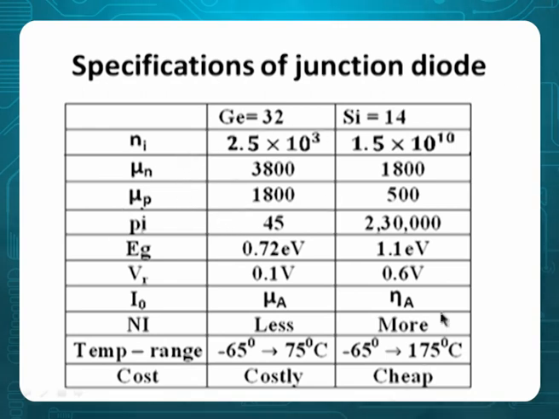This I have given just for reference: Ni, intrinsic carrier concentration, mobility of electron, mobility of hole, rho V charge density, resistivity, energy gap, cut-in voltage, I0, Ni and all this. So this is the comparison of junction diode.